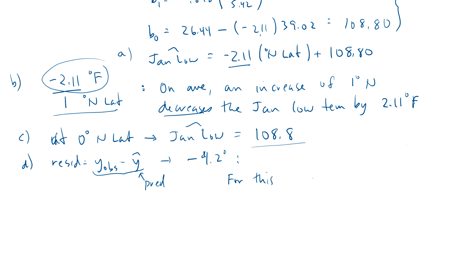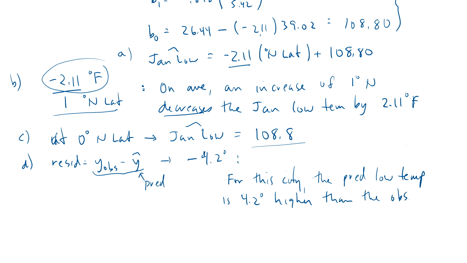For this city, the predicted low temperature is 4.2 degrees greater than the observed low temperature. Okay, there you go.